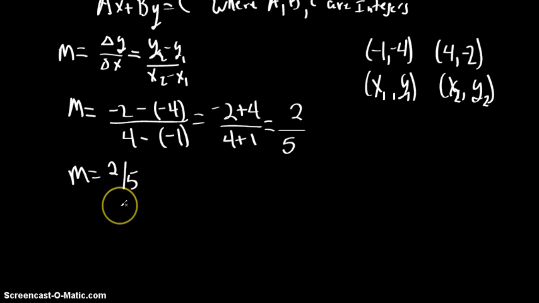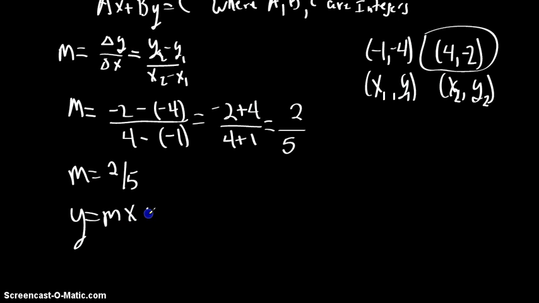Alright, now just like before, once we find our slope, I still need to find my y-intercept. So we're really going to do this the same way. I can pick either point to use. I'm going to pick this point right here, (4, -2), just because it has less negative signs. So I'm going to use y equals mx plus b, and we've done this before, so it's no different. We have a slope here and a given point. We're going to use that to find our b.